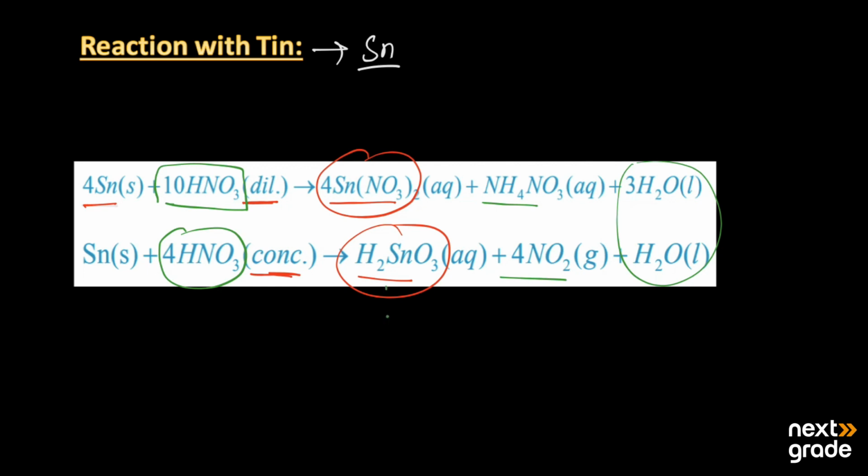The acid produced by reacting in concentrated form is known as metastannic acid. But in the dilute form, it produces the simple product ammonium nitrate, which is the main product in this process.